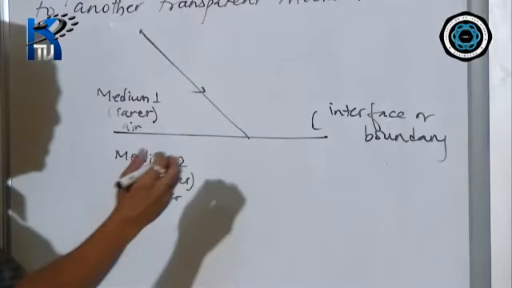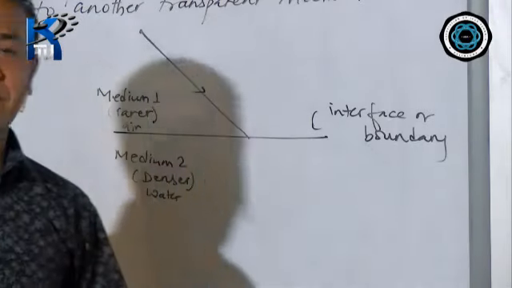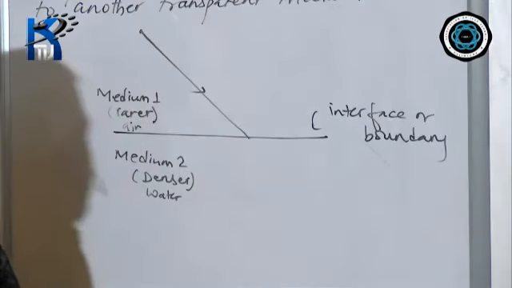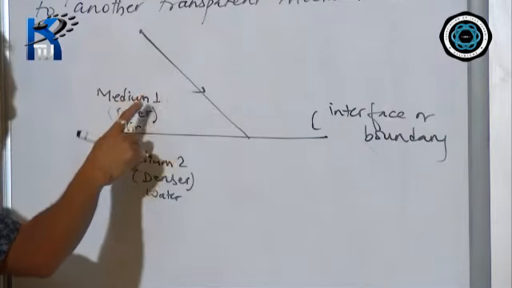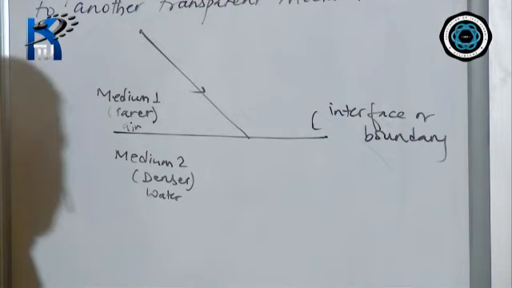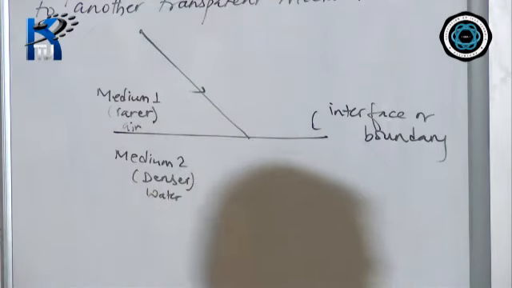When light is incident at this point, the medium changes, so the speed of light changes and the light path will change. When light passes from a rarer medium to a denser medium, the light usually bends towards the normal. The reason why light bends towards the normal, I will explain afterwards.